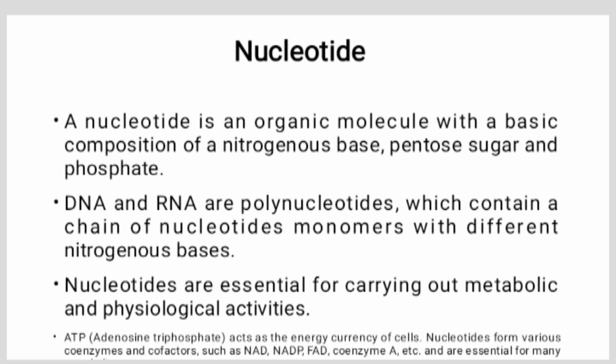Nucleotides are essential for carrying out metabolic and physiological activities. ATP, adenosine triphosphate, is named based upon the phosphate groups. It acts as the energy currency of cells. Nucleotides also form various coenzymes and cofactors like NAD, NADP, FAD, and coenzyme A.